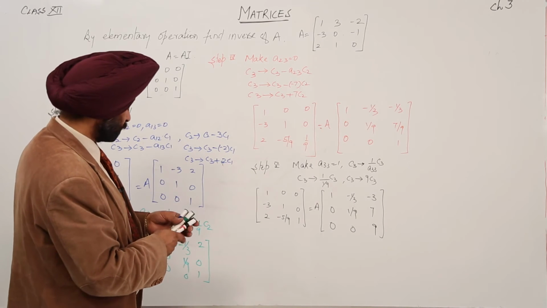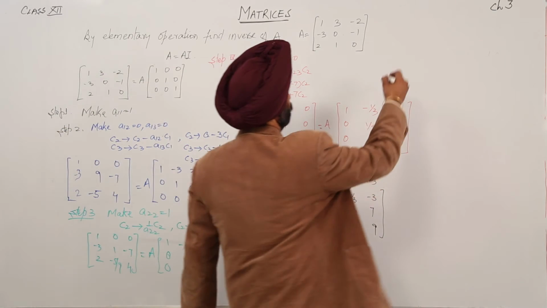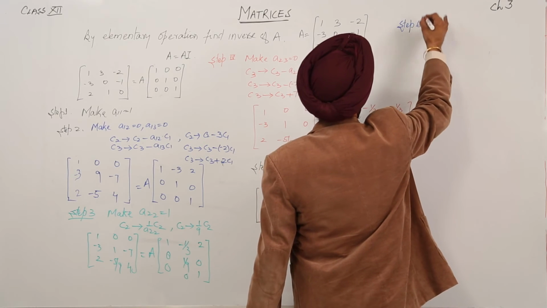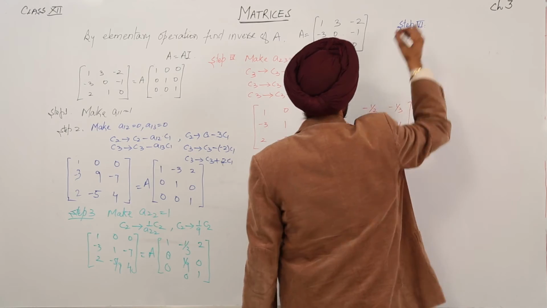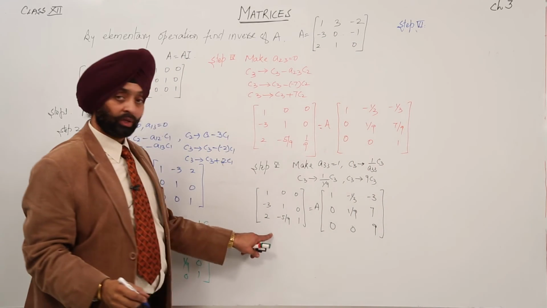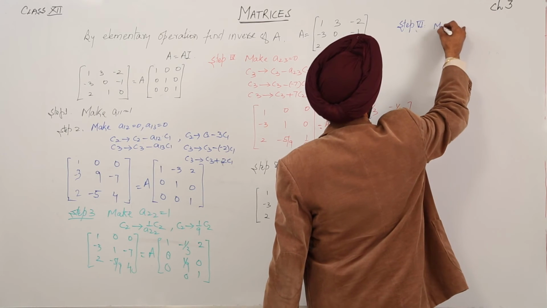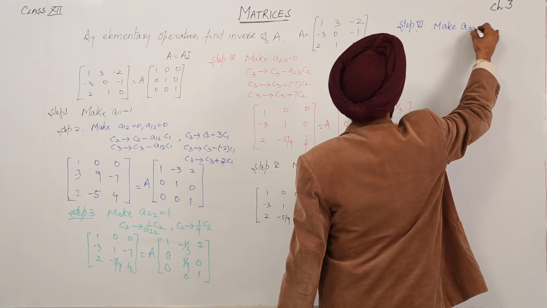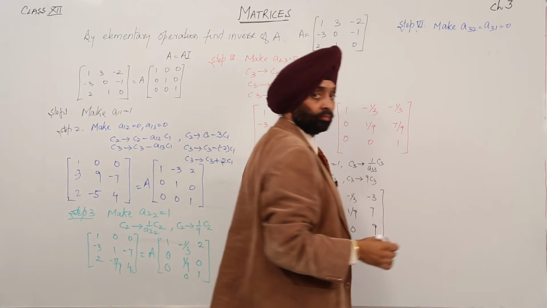Now let's move to step number 6. For step 6, what are we going to do here? In step 6 we have to make these two 0, so make A32 equal to A31 equal to 0.